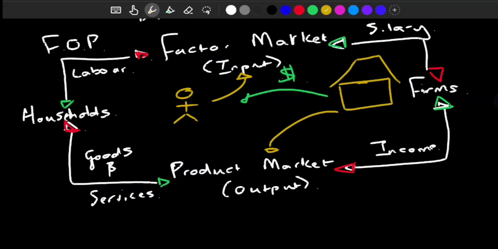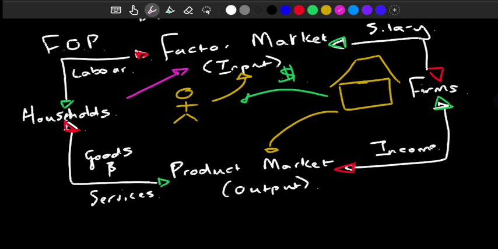Remember, Bongani started by going to the factor market to sell my labor. Say I went there and I work for a big company and we manufacture cars. So I went to the factor market and I manufactured a Toyota.